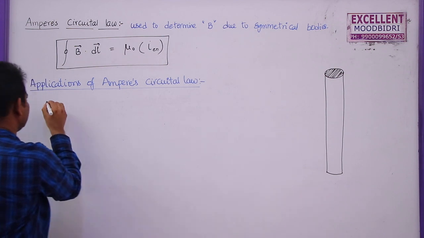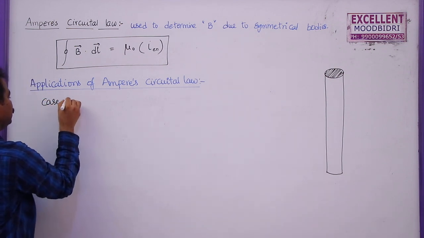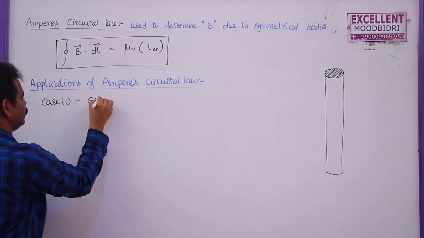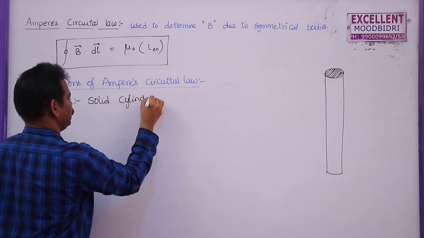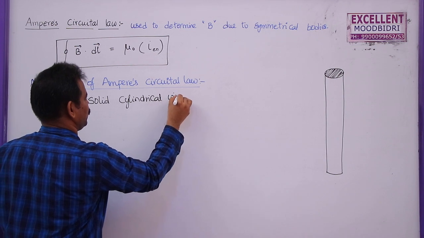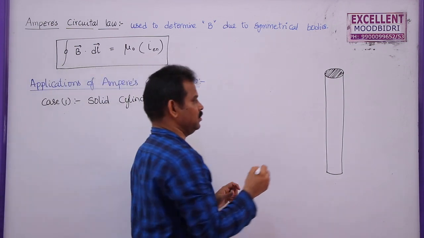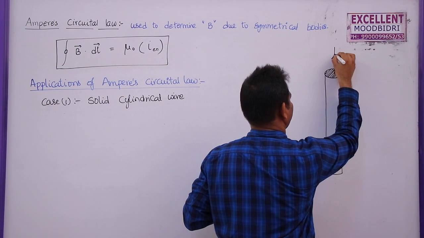So first, case 1: a solid cylindrical wire carrying some current. Let us say the current flowing through this one is I.